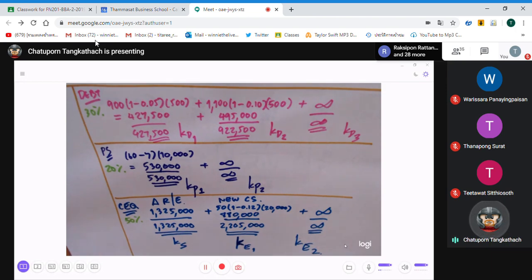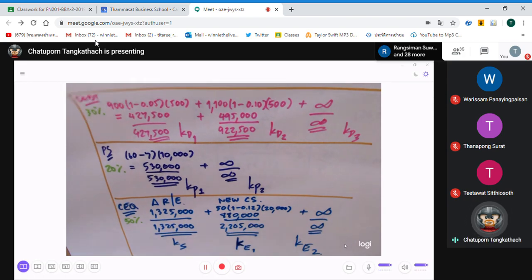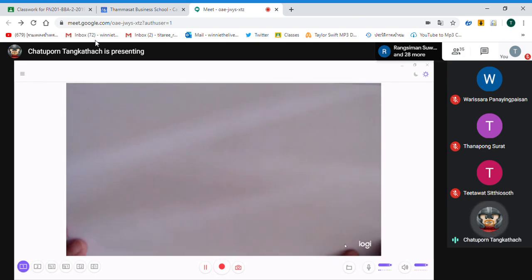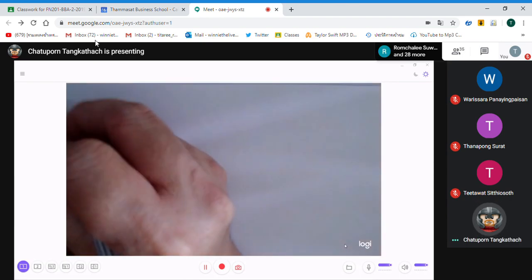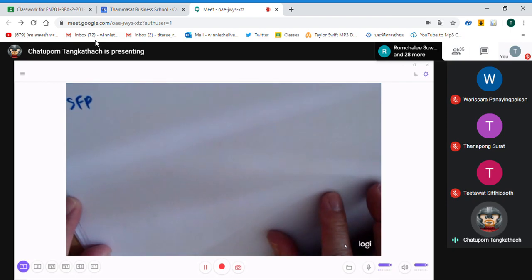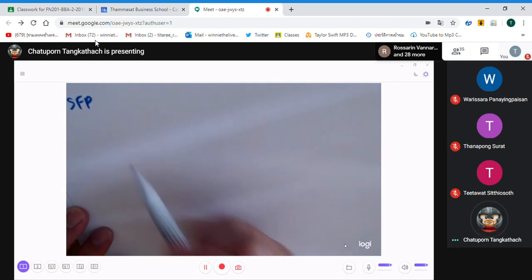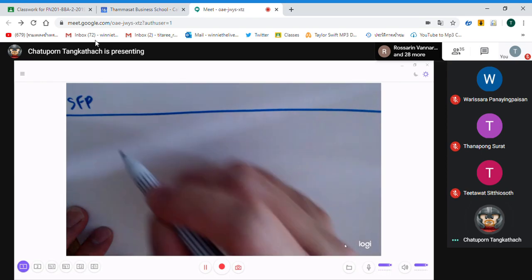Now, I am going to let you see the actual flow, okay, for the fund into this firm. So I need to put another statement of financial position, okay. But this time, I am going to divide our statement of financial position into 4 sections, not 3.